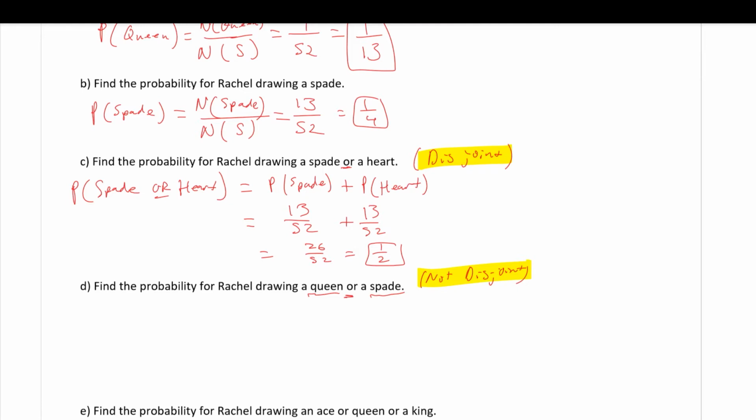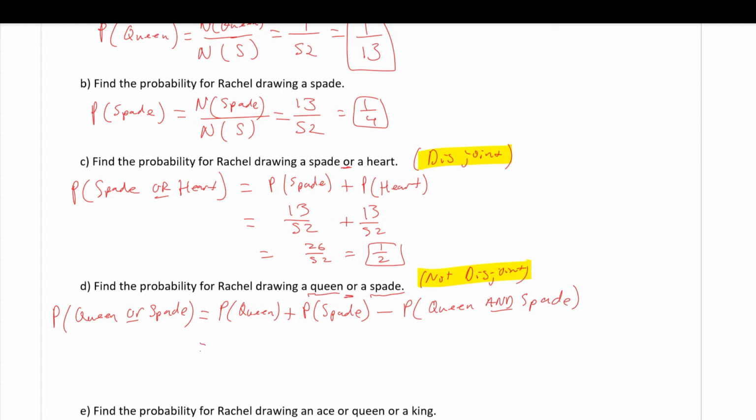So if we're looking for the probability of queen or spade, then we use the probability of queen plus probability of spade. And we can't just stop there because these are not disjoint events. We have to subtract off any overlap, any double counting. Probability of queen and spade. And that word and indicates intersection.